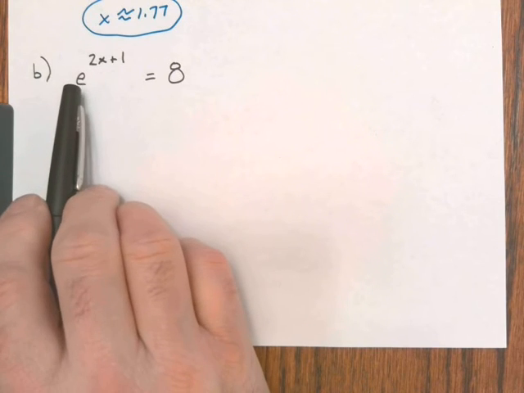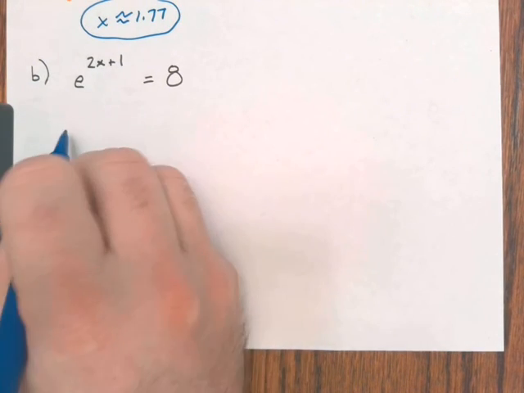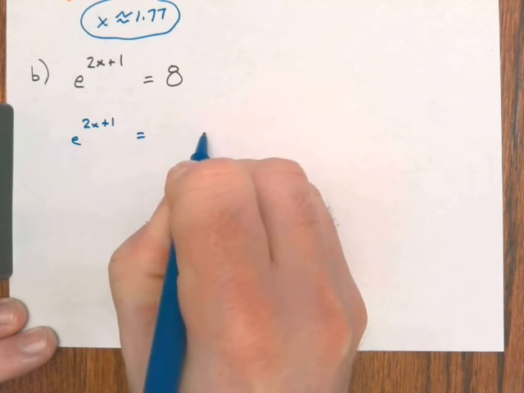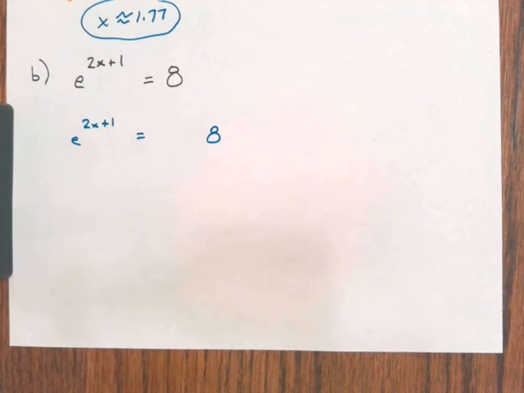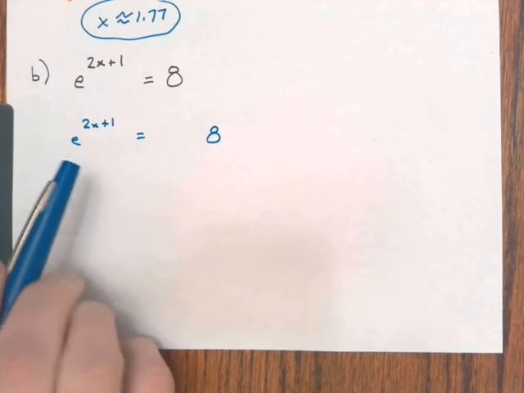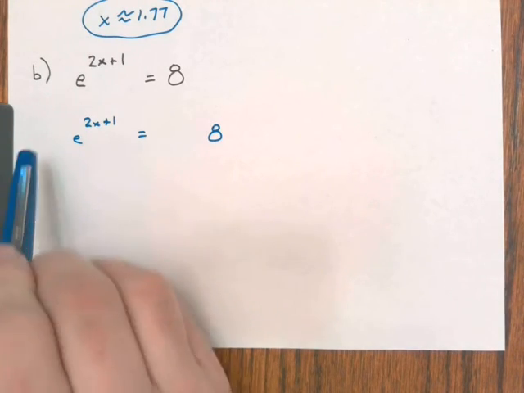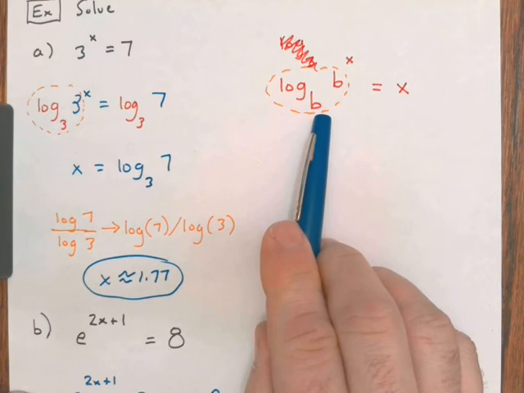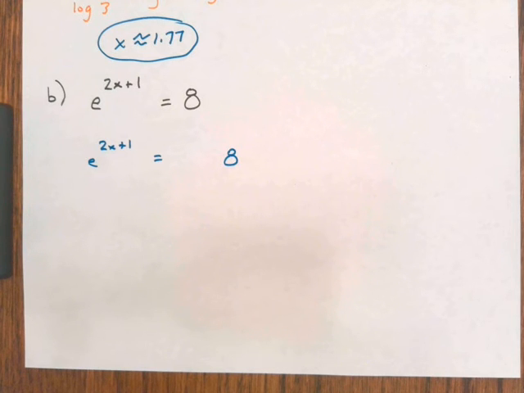Now I am ready to do a log on both sides. Just let me rewrite this with a little bit of space in front. And then I'm going to put a log in front of both of those. The base of our exponent is e, so what we need to do on both sides in order for us to use this property is we need to have log base e in front of both.